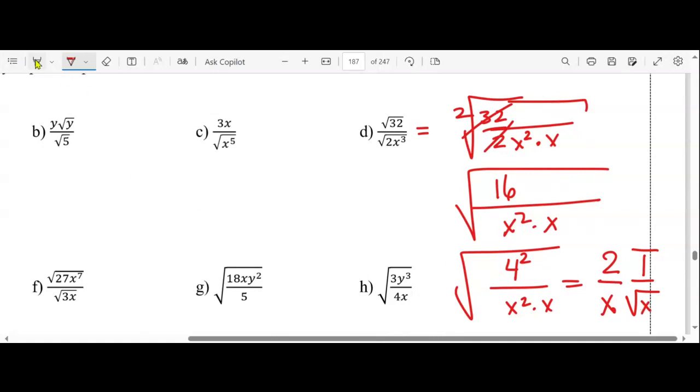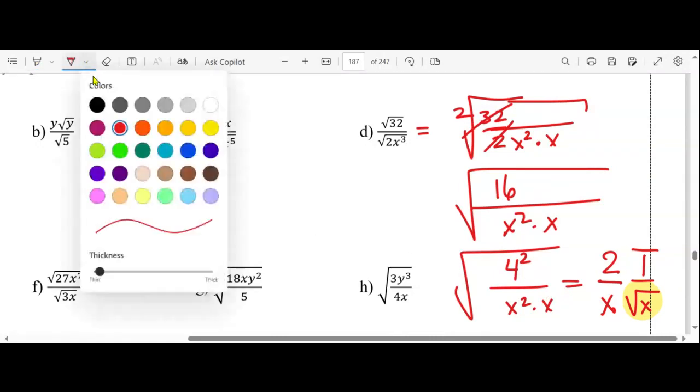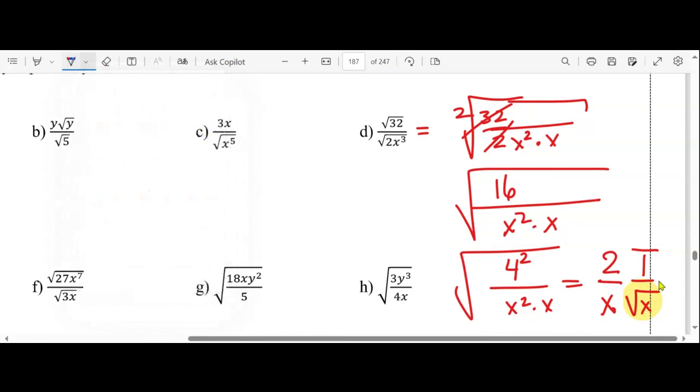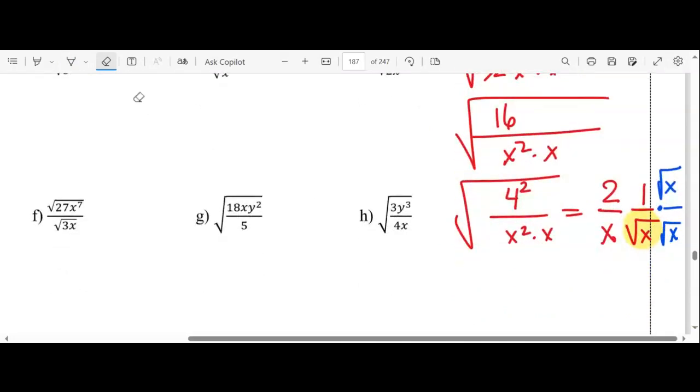You are not permitted to leave the square root of x in the denominator. So what should I do? Flip? No, I cannot flip. You can multiply by the square root of x. But if you multiply in the bottom, you multiply in the top. Is this clear? So when you multiply the square root of x times the square root of x, what do you get? You get x.